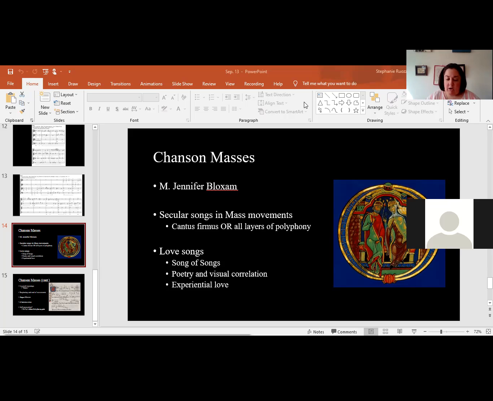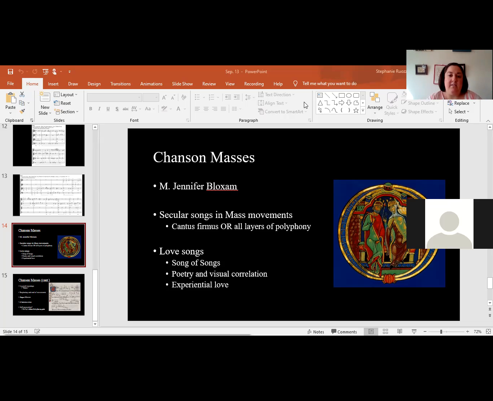It's how we use the song. It's this idea of taking earthly love and using it to make divine love more relatable. So it's a strategy to help us humans understand love of something superhuman.